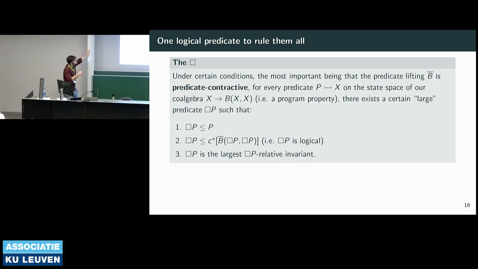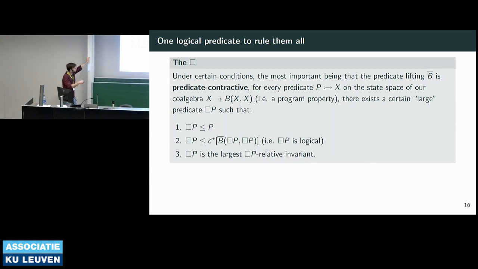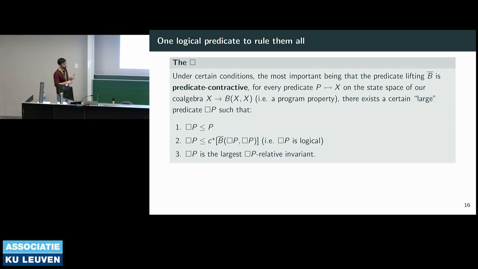If this lifting is predicate contractive, just swallow it, I'm going to explain it after this slide, then every predicate on the state space of your coalgebra has this magical logical predicate, on which you can do proofs. And this magical logical predicate satisfies all of the properties one wants for such proofs. So it is included in P. It's smaller than P, so it has P baked into it.